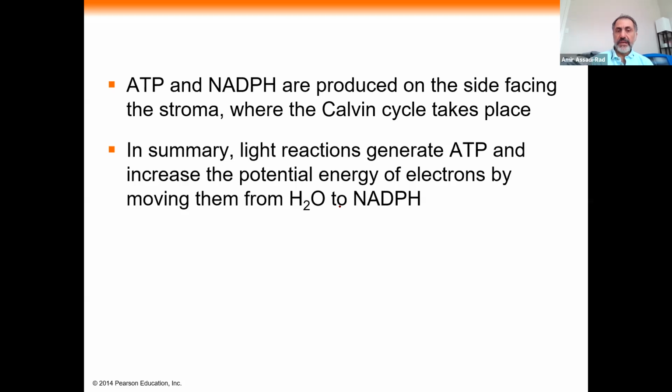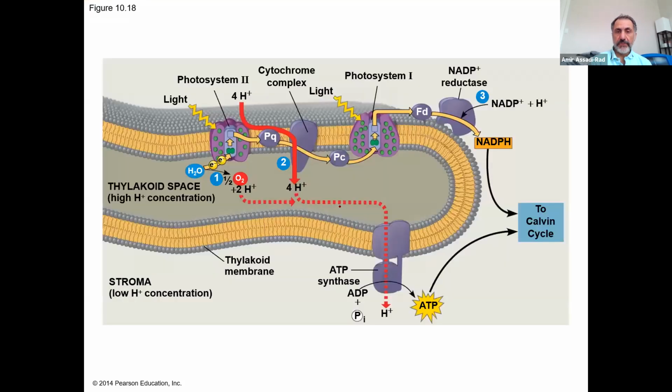So ATP increases the potential energy of electrons moving from, okay, right here. He is explaining on this diagram. I should put my, see what he's trying to explain in this diagram. Photosystem 1, I talked about all of this. He's going into more detail of what is going on in here.